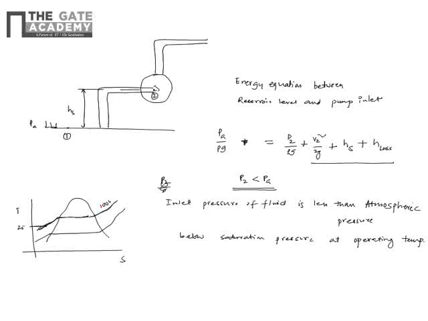Constant pressure lines are like this, and at 25, if you look at the saturation pressure in the steam tables, that is 3.98 kPa.